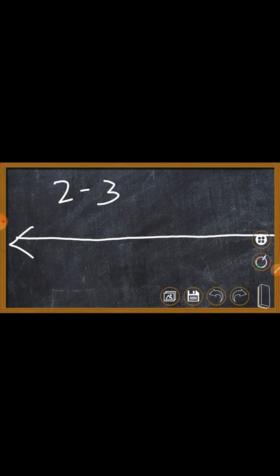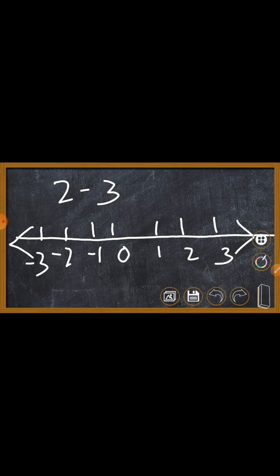Understood? What if I would have asked you to do 2 minus 3? Then what would you have done? Let me start. 0, 1, 2, 3. Then here minus 1, minus 2, minus 3.